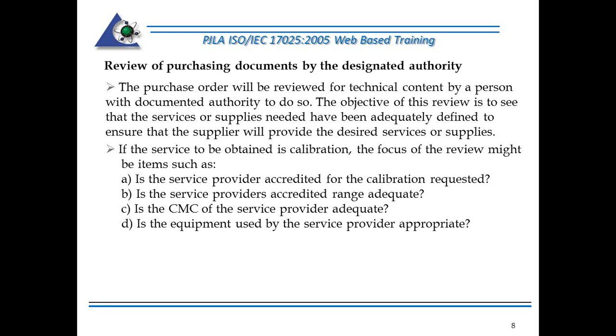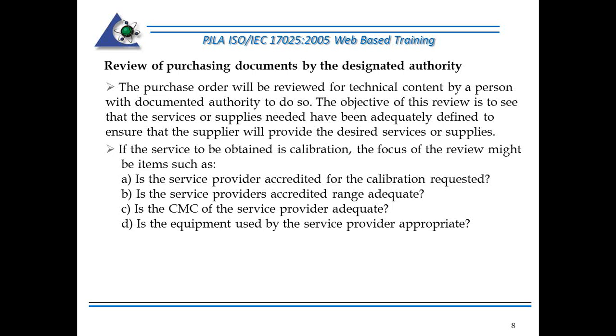The person making the technical review would know what the requirements of the laboratory are for the specific work they're trying to do and would evaluate the purchase order accordingly. Obviously, these kinds of pieces of information should be addressed in the requisition so that the purchasing person making the selection from the approved supplier list has all the information they need in order to not select an unacceptable provider.